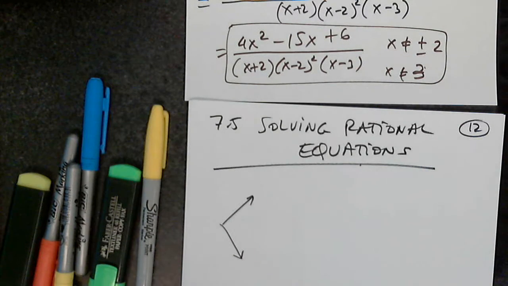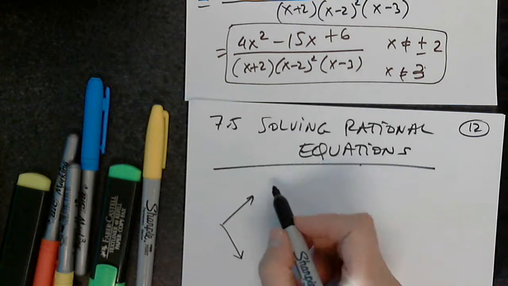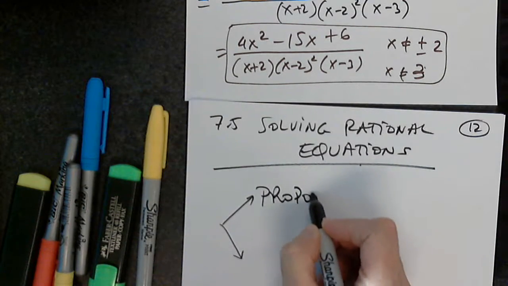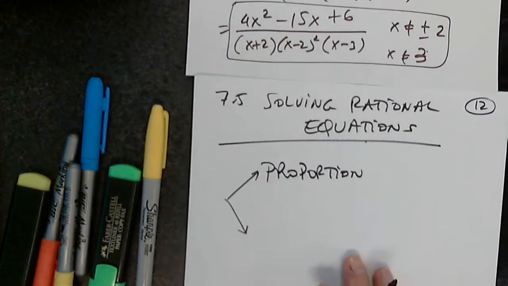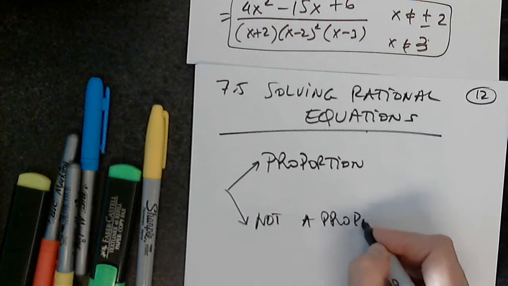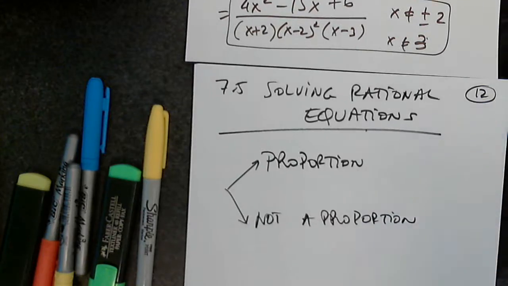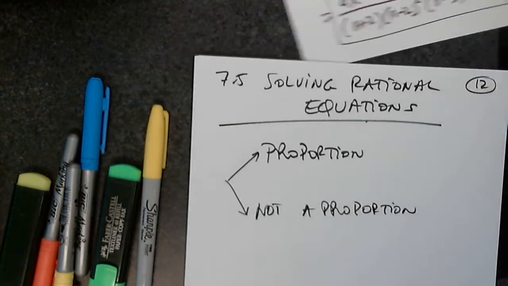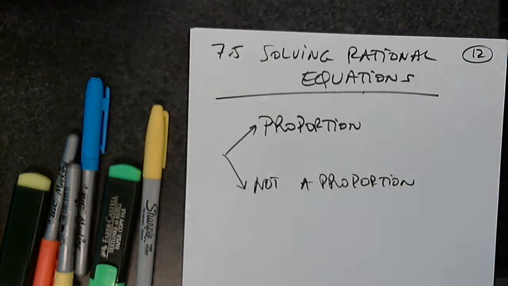Okay, there are 2 types of rational equations. One that is a proportion, and one that is not a proportion. We're going to work on the easiest one, which is proportion, first.